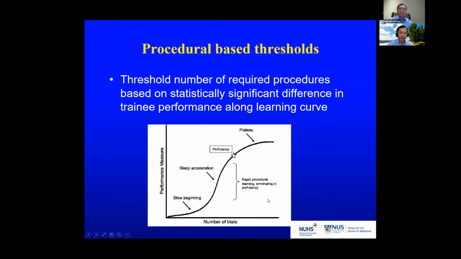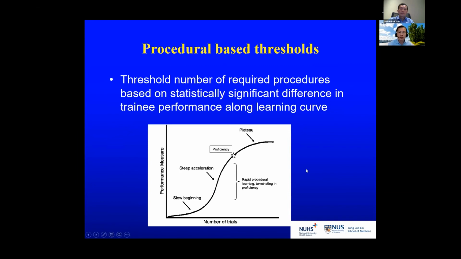If you look at the learning curve of a trainee, this is quite common: the trainee goes through a slow beginning and then a faster acceleration of their learning curve, before they become more proficient, where the learning curve slows down.